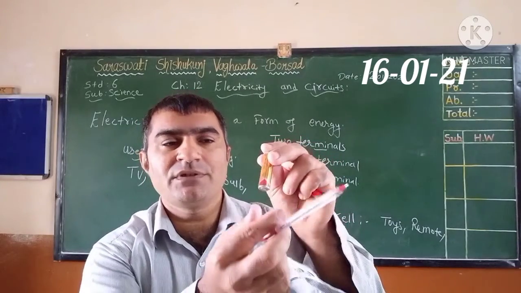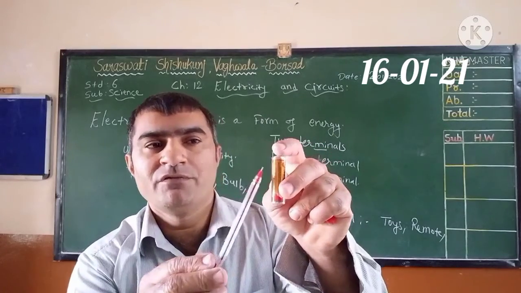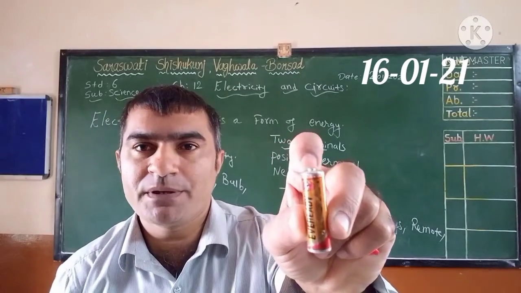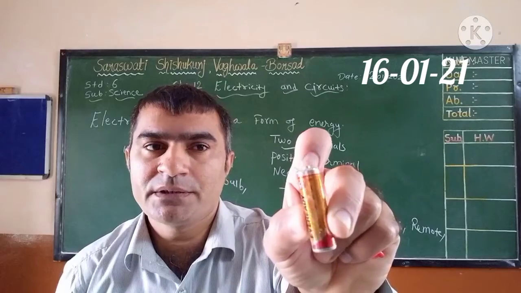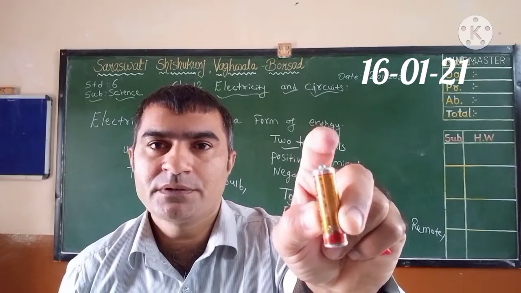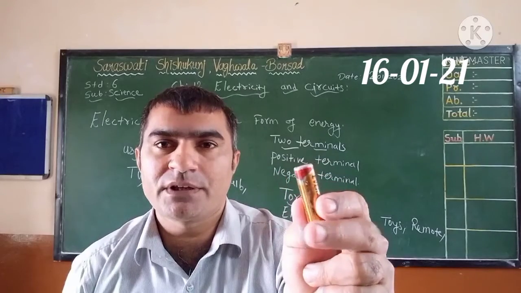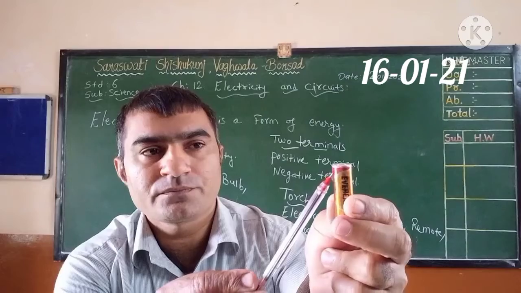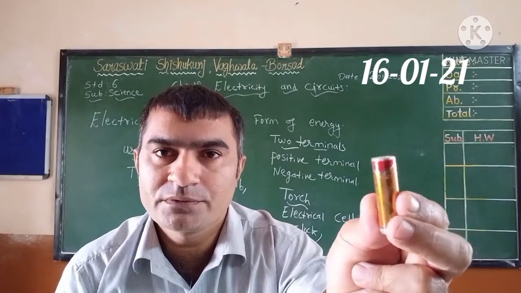In each and every cell it is mentioned with the signs also. In the positive terminal it is mentioned with the plus sign, and in the negative terminal it is mentioned with the negative sign.